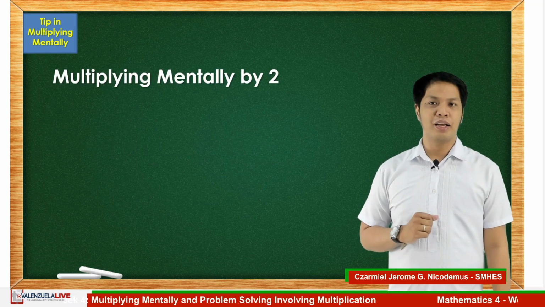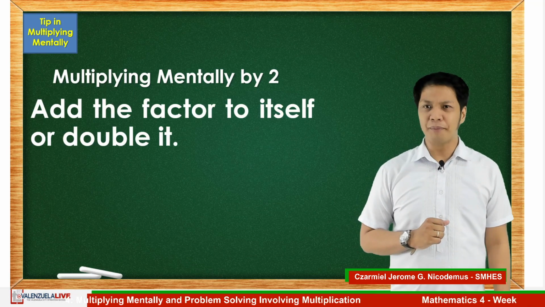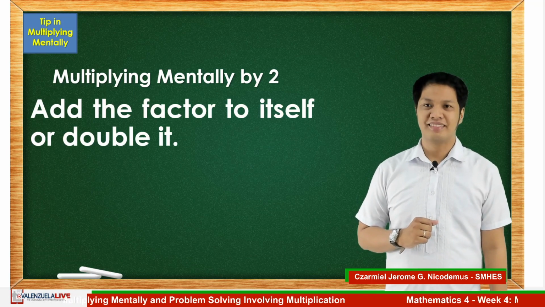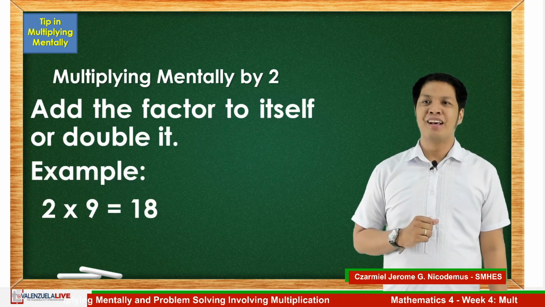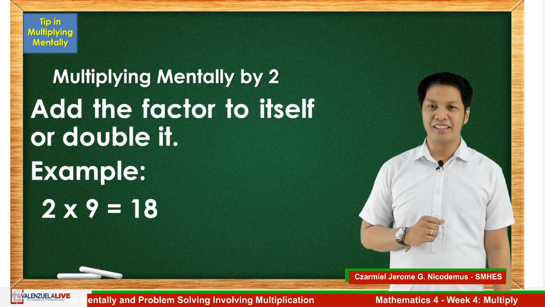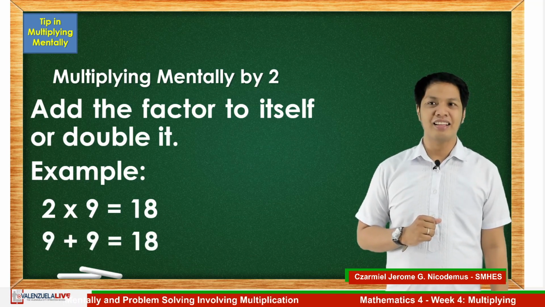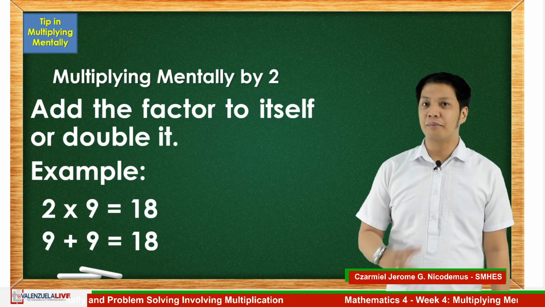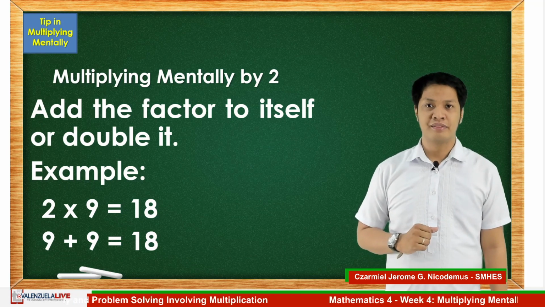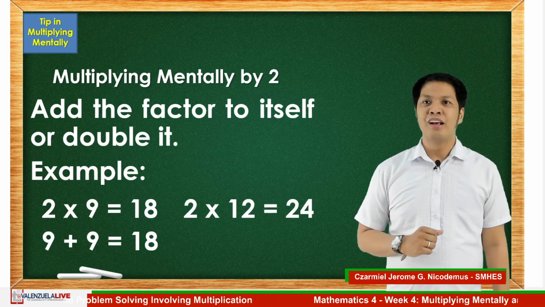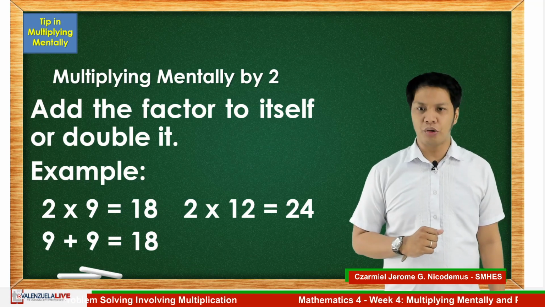Multiplying mentally by 2. Add the factor to itself or double it. For example, 2 times 9 is equal to 18. You can add 9 to itself and you will get the same result, which is 18. Another example, 2 times 12 is equal to 24.